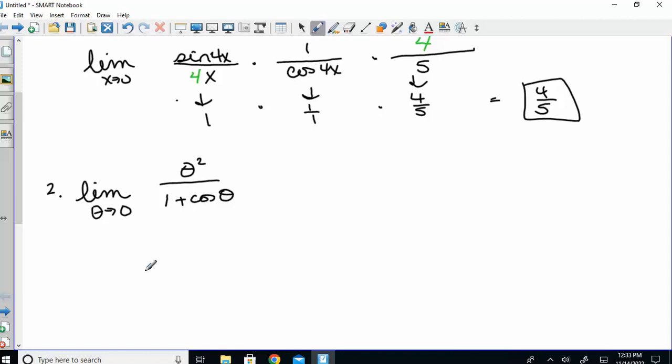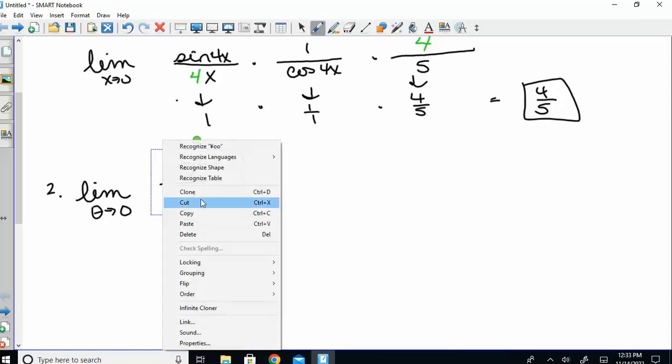No, that won't work. You can't separate it to theta over 1 plus cosine theta. We could separate one of those thetas off. Do we have a formula for theta over 1 plus cosine theta? No.